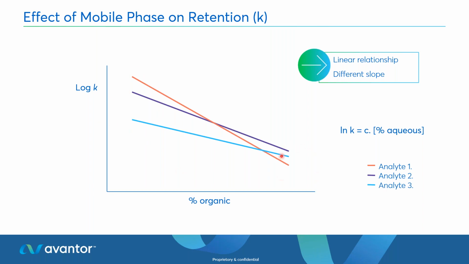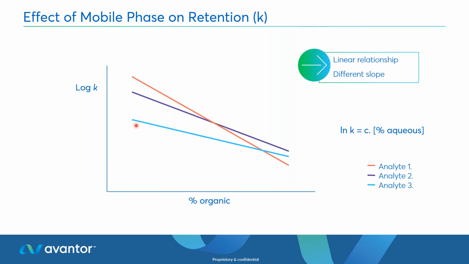So perhaps the best place to work is down here, where I've got good separation and quite a short runtime, and therefore I'd choose a high percentage organic in this instance, because that will give me the best separation and the best retention times. Especially if you have a high number of samples, then this is a good choice. If you need more separation, then working up here would be better.